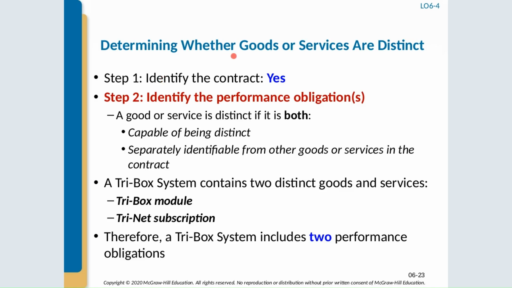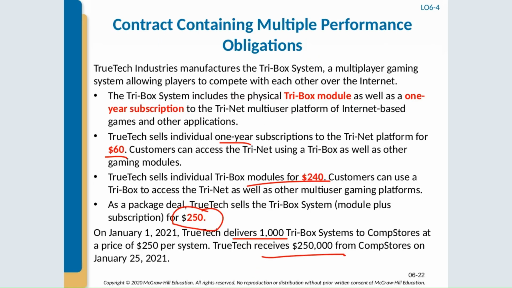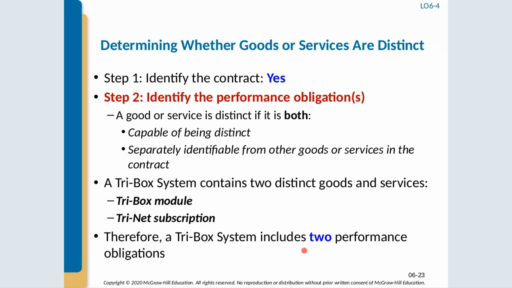All right. And so we go through the 5-step determination. We have a contract because we have delivered the goods, right? So the customer has taken possession of that. So now we have a contract, and we're able to distinguish two performance obligations.